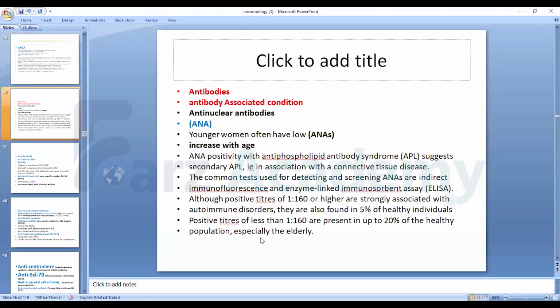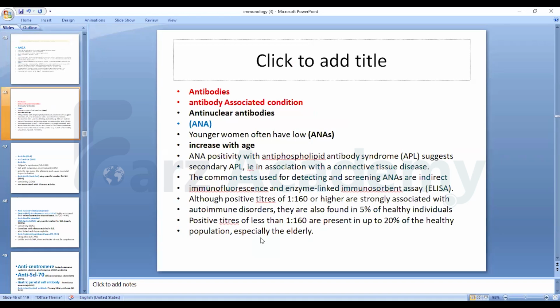So coming to a few antibodies. ANA: younger women often have a low level of anti-nuclear antibody, and it increases with age. ANA positivity with antiphospholipid antibody suggests secondary antiphospholipid antibody syndrome, that is, association with connective tissue diseases.